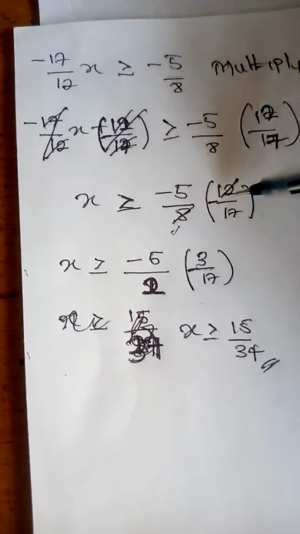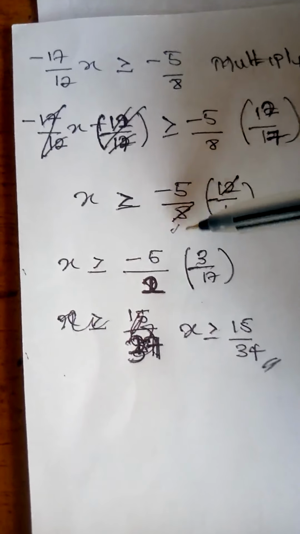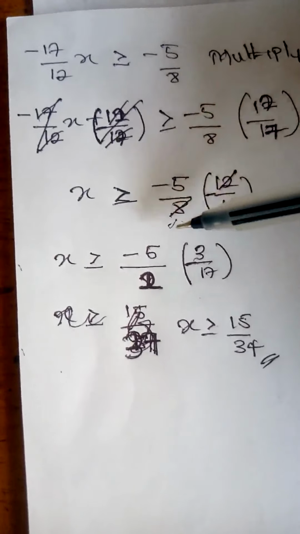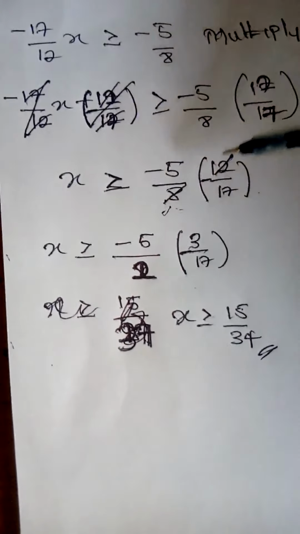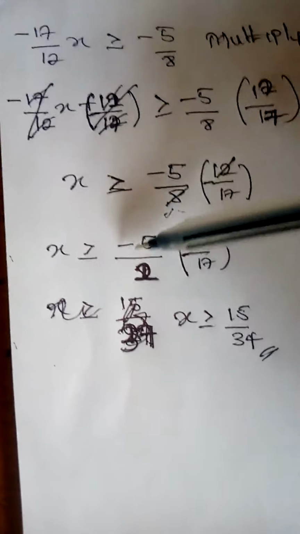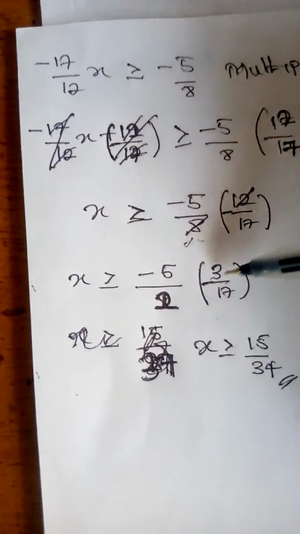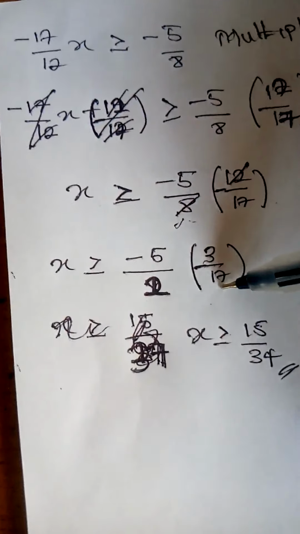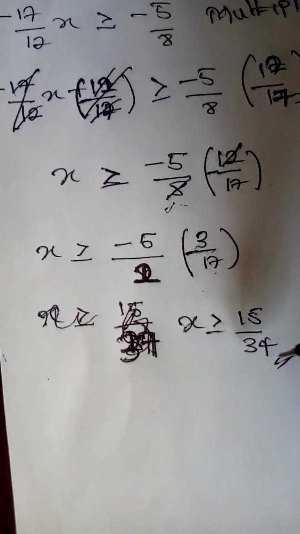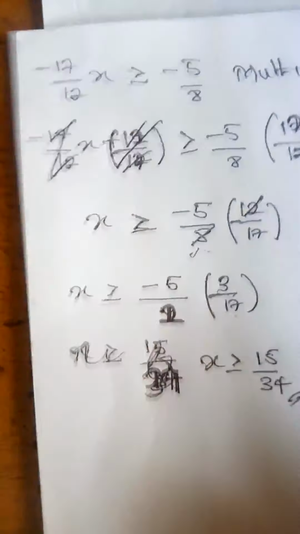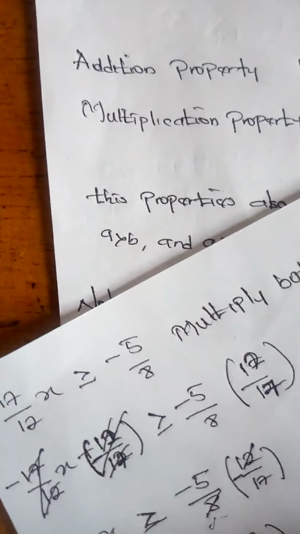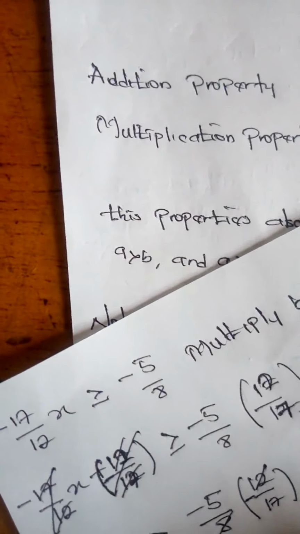So now what happened here was 12 in 8. 4 here will give us 2. 4 here will give us 3. So 5 times 3 will give us 15. Minus 5 times minus 3 will give us 15.